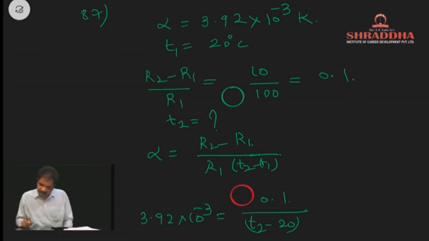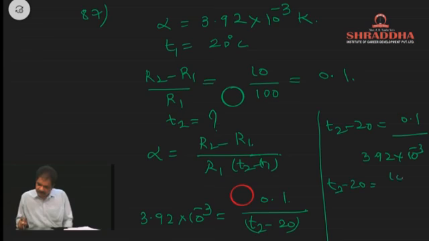So we'll get T2 minus 20 equal to 0.1 by 3.92 into 10 power minus 3. We'll get T2 minus 20 is equal to 100 by 3.92. After calculating, we'll get this value as 25.51.